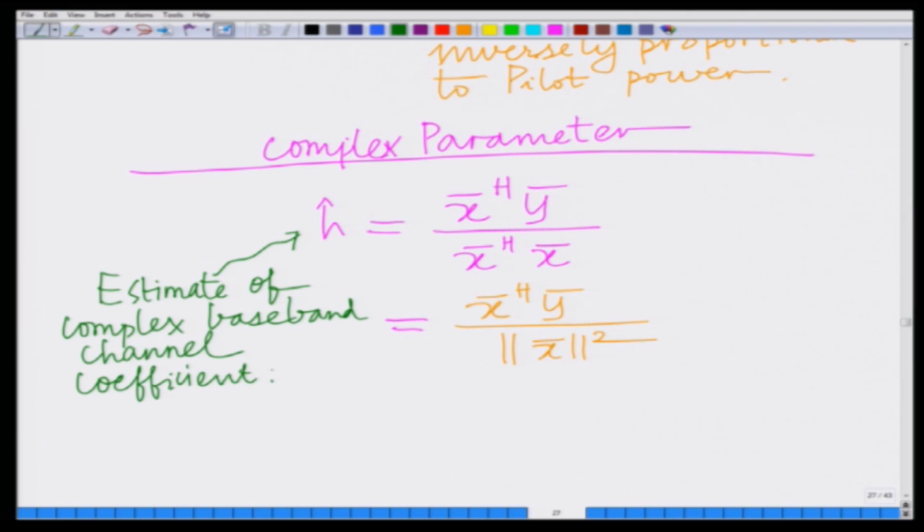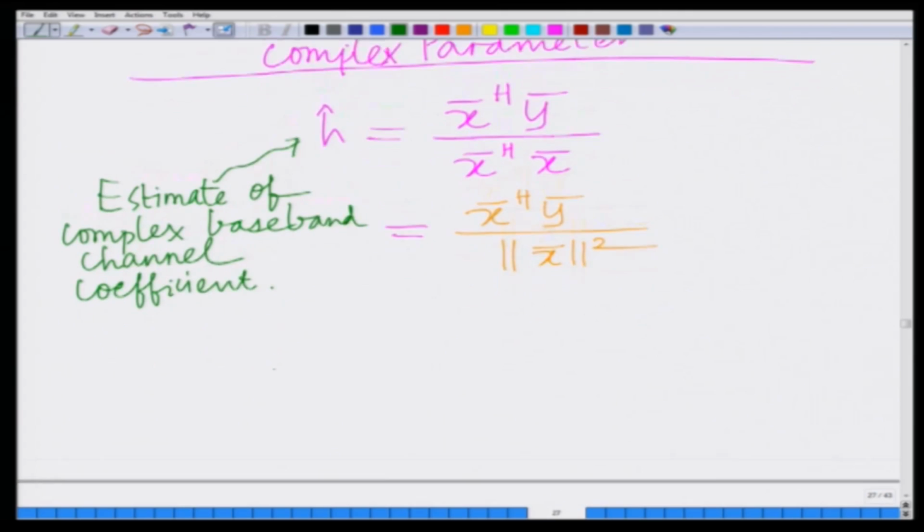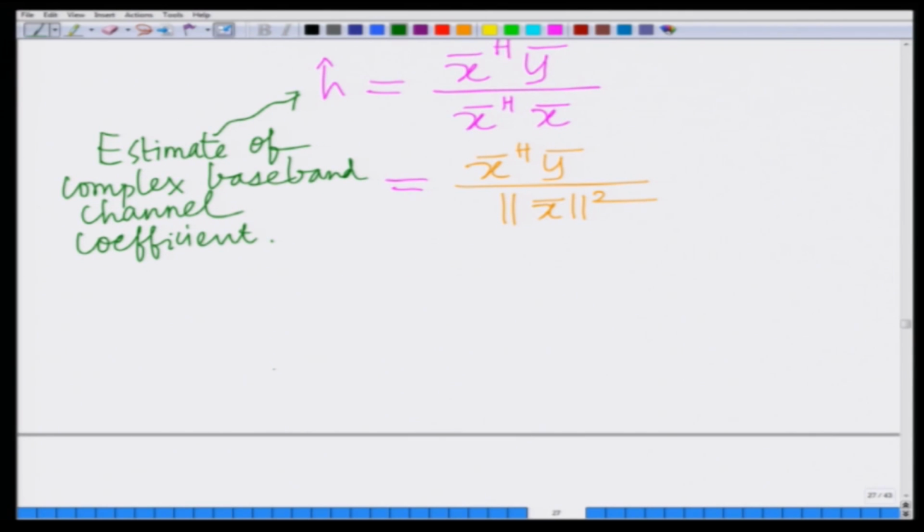This is the estimator for the complex baseband channel coefficient, that is, when the parameter, the channel coefficient h, is complex in nature. You have to replace the transpose by the Hermitian, this is x bar Hermitian y bar divided by norm x bar square.